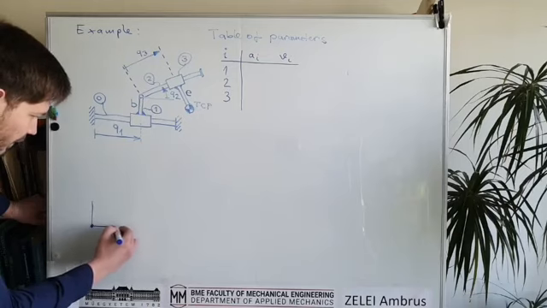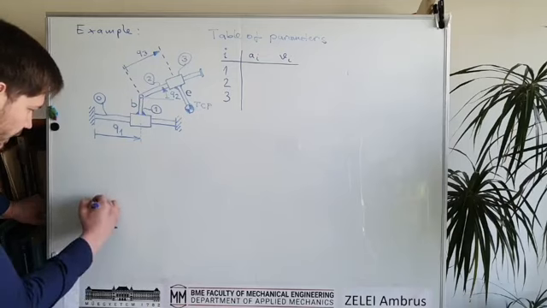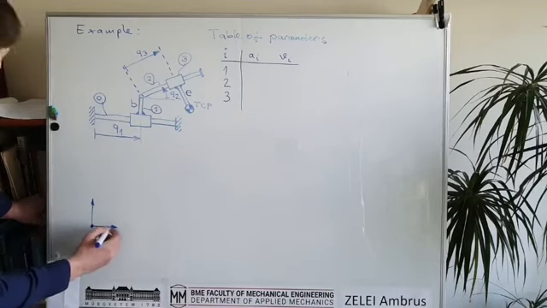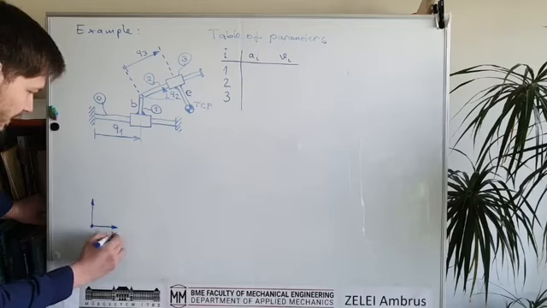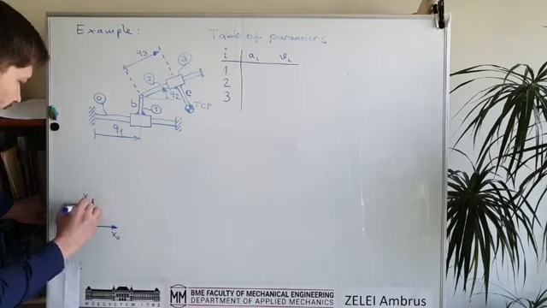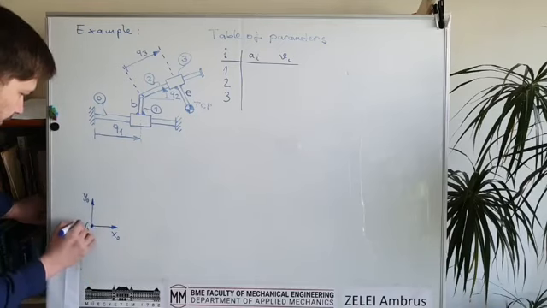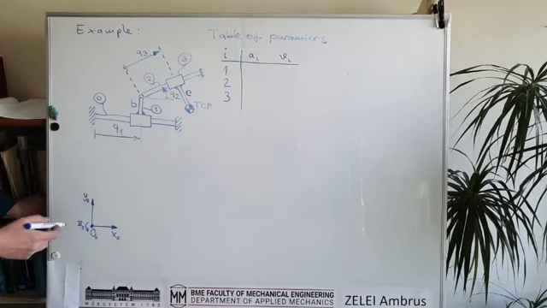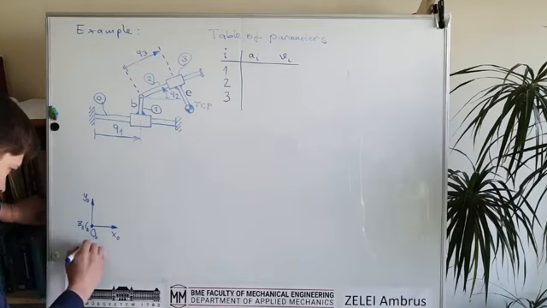So we will have a coordinate system for the global. So this is the fixed or global coordinate system, which is rigidly fixed to the ground or to the world.